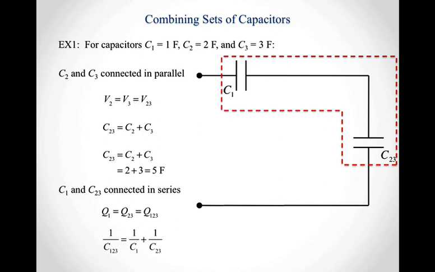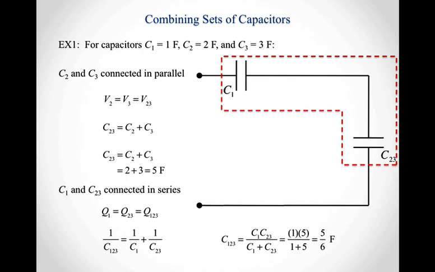Again, I know how to calculate the equivalent capacitance when I combine two capacitors in series. The equation 1 over C123 equals 1 over C1 plus 1 over C23 will let me calculate it. I'm going to rearrange it and use the version of this equation that's already solved for C123, the equivalent capacitance, just to minimize my mistakes.